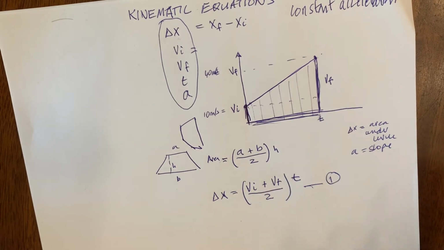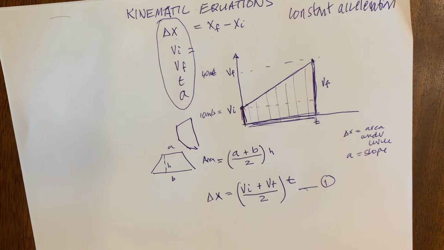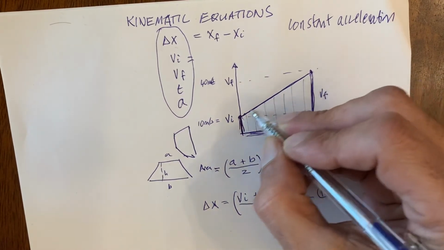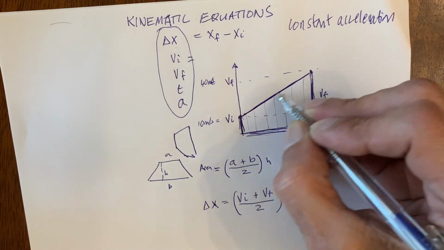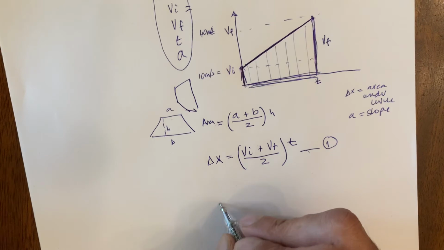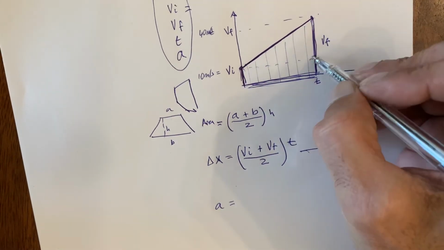The second one, again, we'll use the same graph. How do we find the slope for this line? That's the acceleration. So the acceleration is equal to the rise over the run.